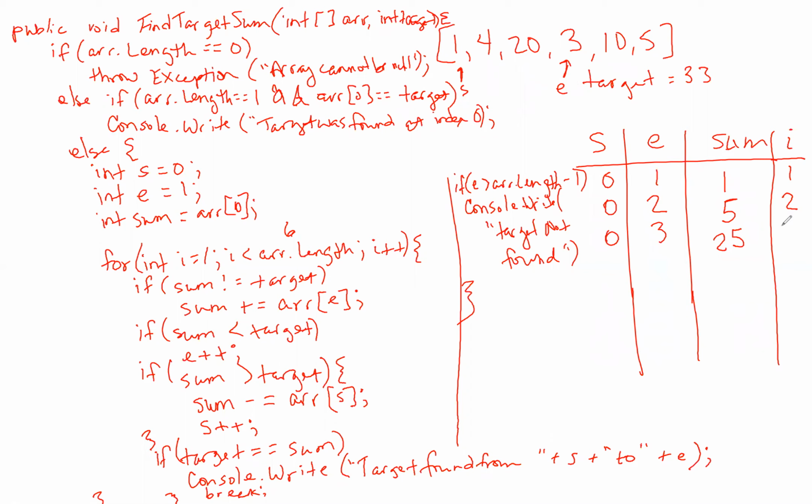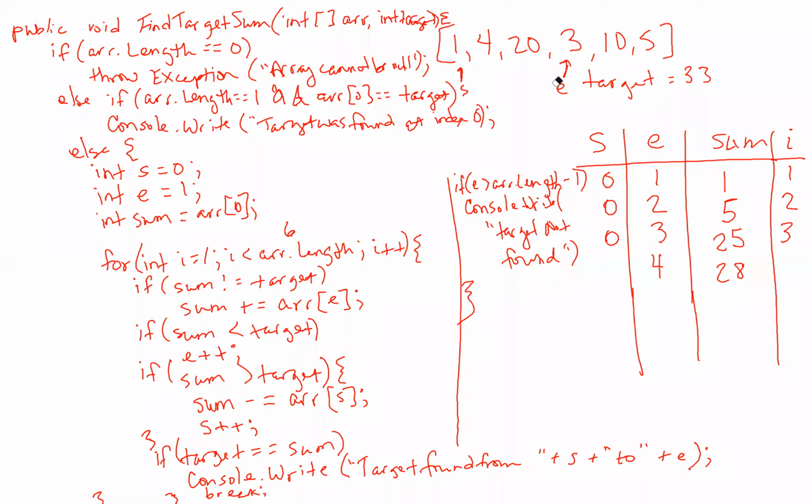Okay, so then I++, 3 is less than 6. So if sum is not equal to target, sum is 25, that does not equal 33, then we need to add array at E to the sum, which is now 28. So if sum is less than target, 28 is less than 33, we know we need to do an E++.